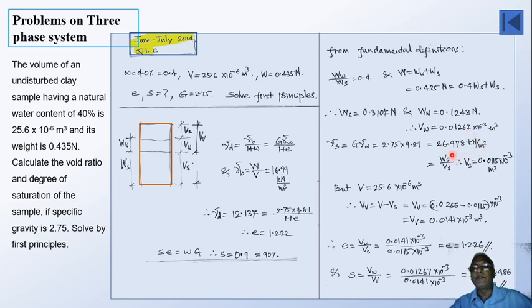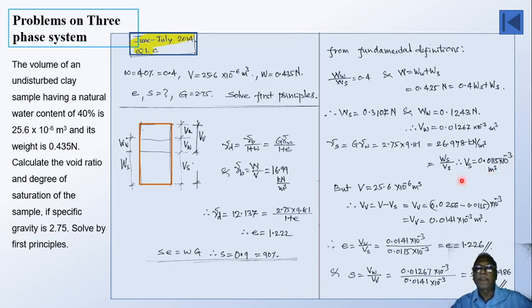So Ws divided by Vs. Now weight of solids I already have here, 0.3107, and this is equal to 26.978, equal to 0.3107 divided by Vs. If I calculate Vs, that is volume of solids, it comes out to be 0.0115 into 10 raised to minus 3 meter cube.